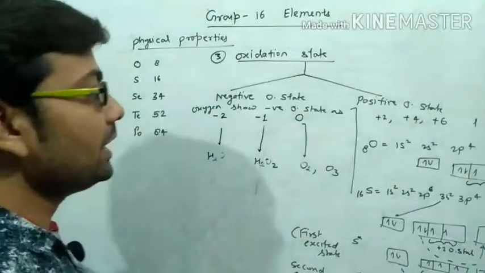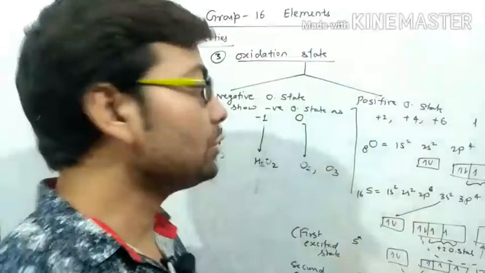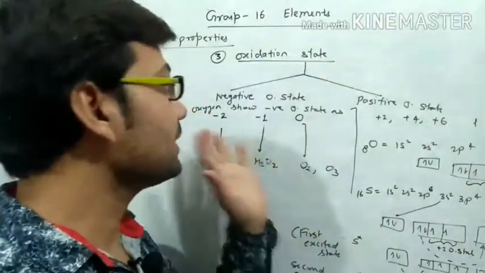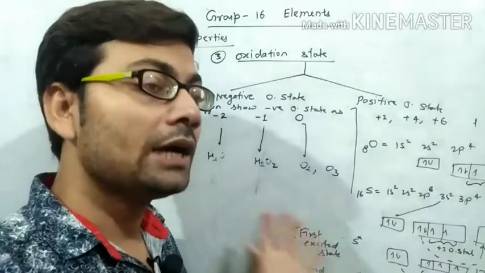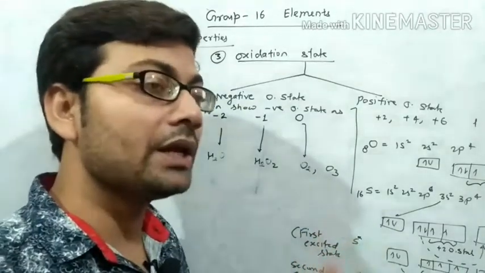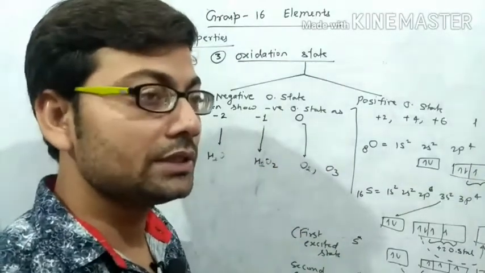So basically these elements show the positive oxidation state, but in case of oxygen there is high electronegativity, that is, it has high electronegativity to gain electrons. That's why it shows the negative oxidation state.